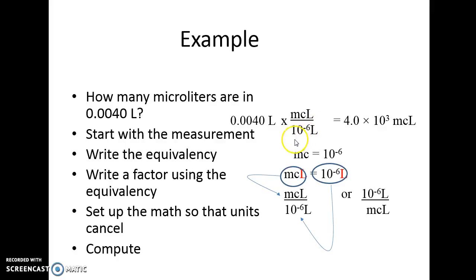You can either use 10 to the minus 6 or you can use 0.000001, 5 zeros and a 1 for micro, and both of them will give you the same answer. You put this in your calculator and you're going to come up with, here I wrote it in scientific notation, but your calculator is probably going to say 4,000. If you're having trouble with the 10 to the minus 6, I'm going to be doing this in class.